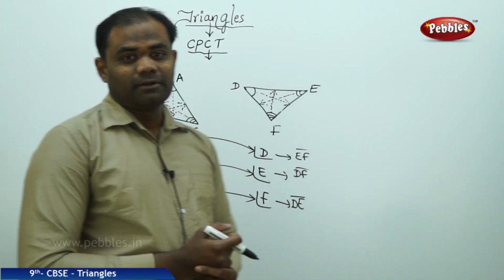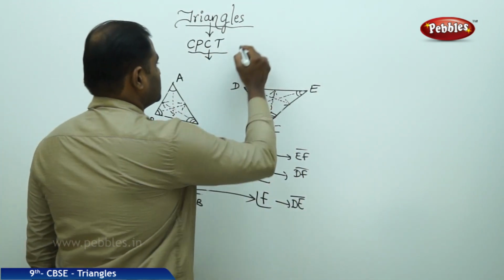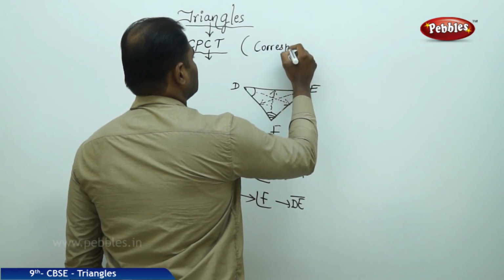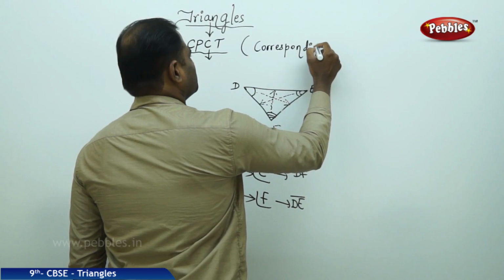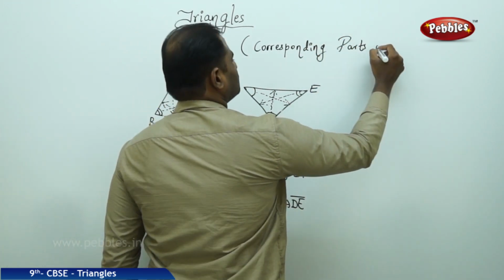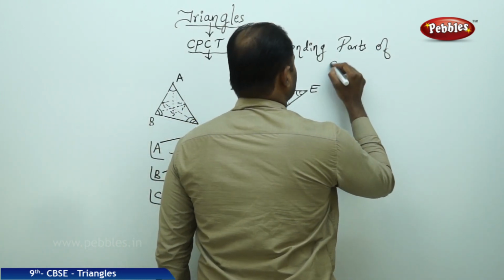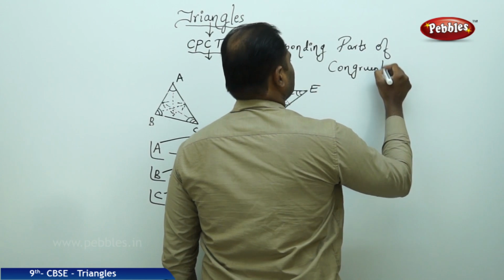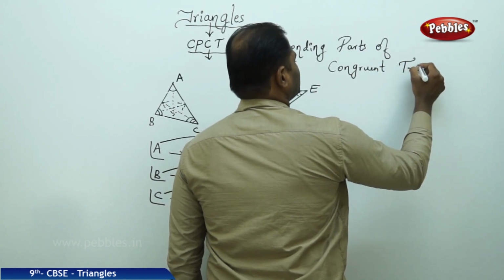So, CPCT refers to corresponding parts of congruent triangles.